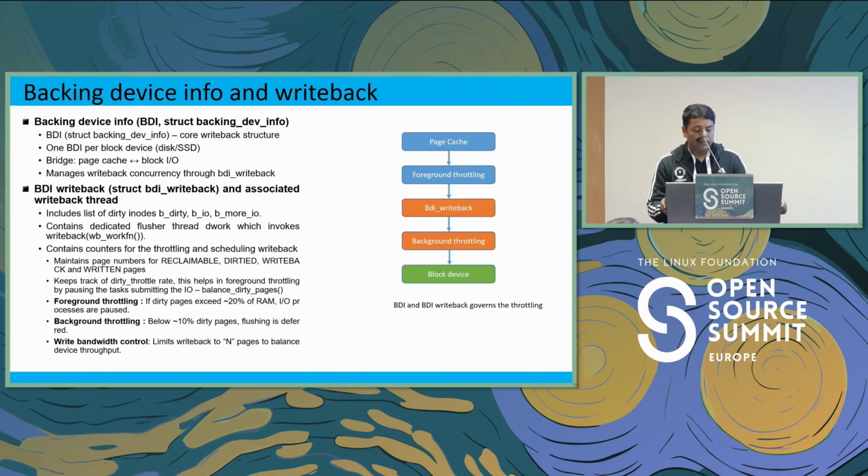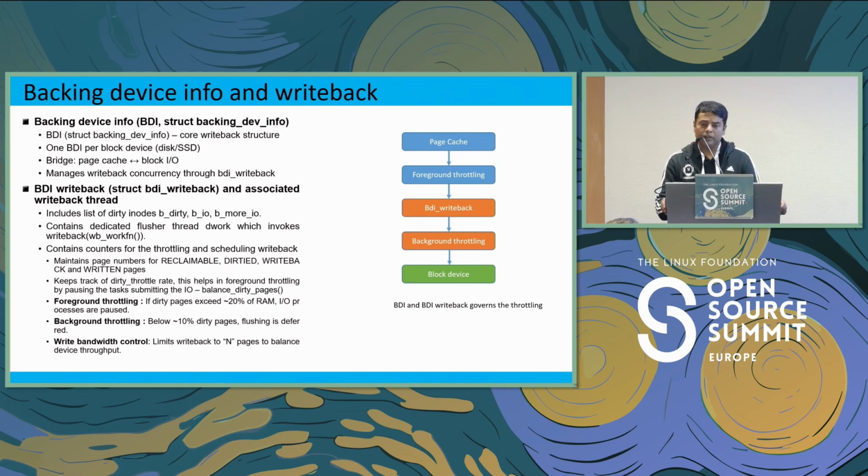So this is the foreground throttling, which happens with the famous balance dirty pages function, or infamous also we can say. The second thing is background throttling. Even if we are scheduling the writebacks and trying to execute the writeback function, it sees that if we have not crossed 10% of the dirty pages, then the flushing is deferred.